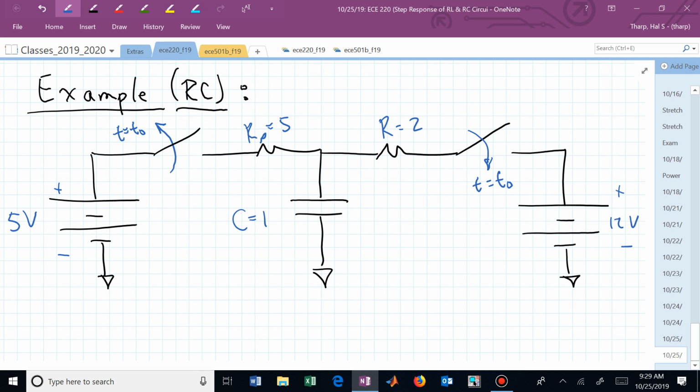Now you can see that you really have two distinct circuits, one before T0 and one after. These switches, I hope I've labeled, go in opposite directions at T sub 0. Before T sub 0 we have the circuit on the left. After T sub 0 we have the circuit on the right.